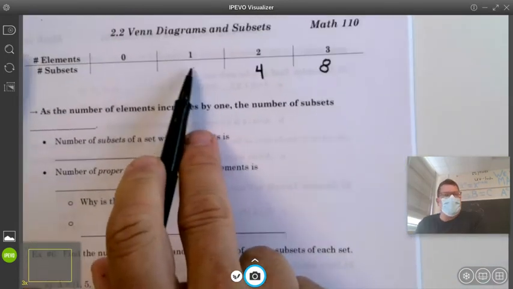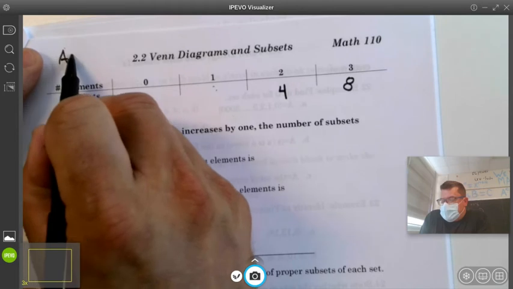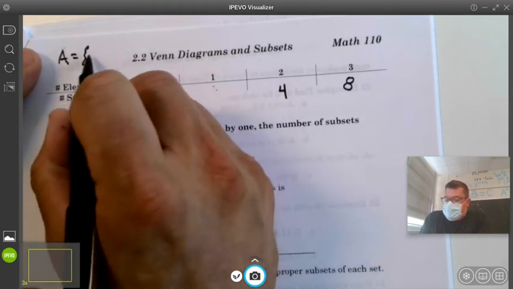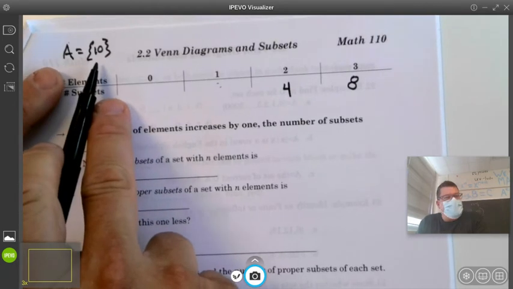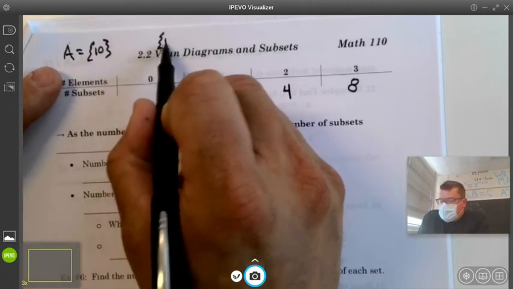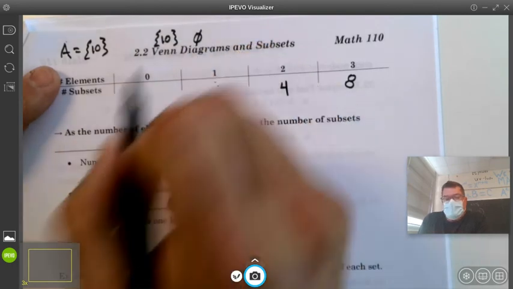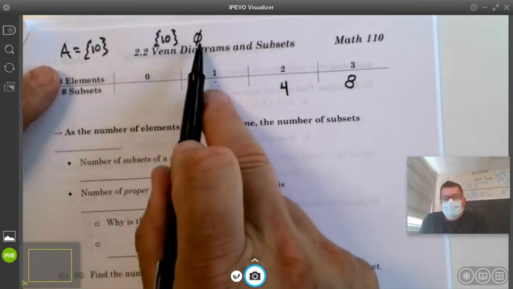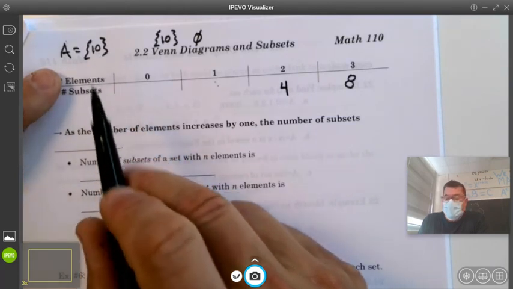When there's 1 element in the original, let's say it's a set that contains the number 10, how many subsets can you build out of that? The subset that contains 10, and what's the other one? The empty set. So you can only build 2 subsets if the original set has only 1 element.